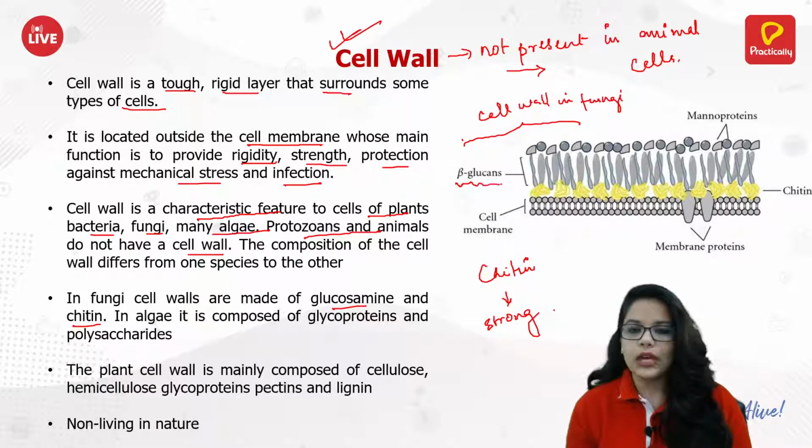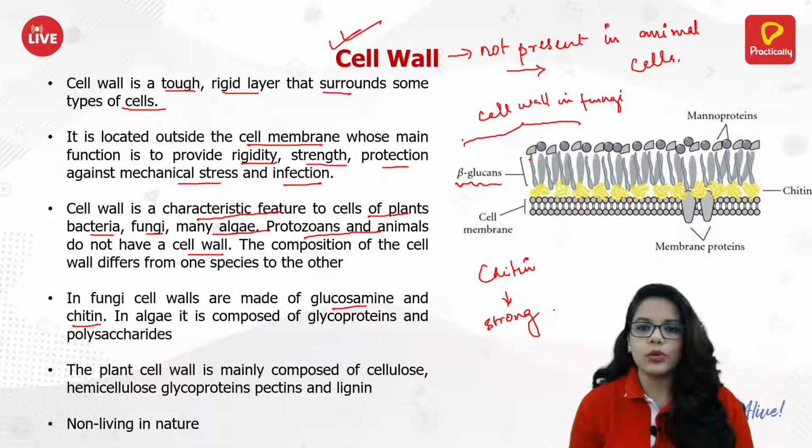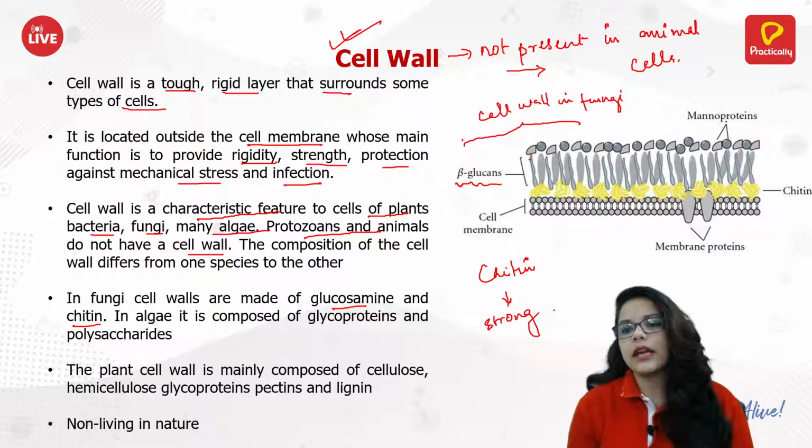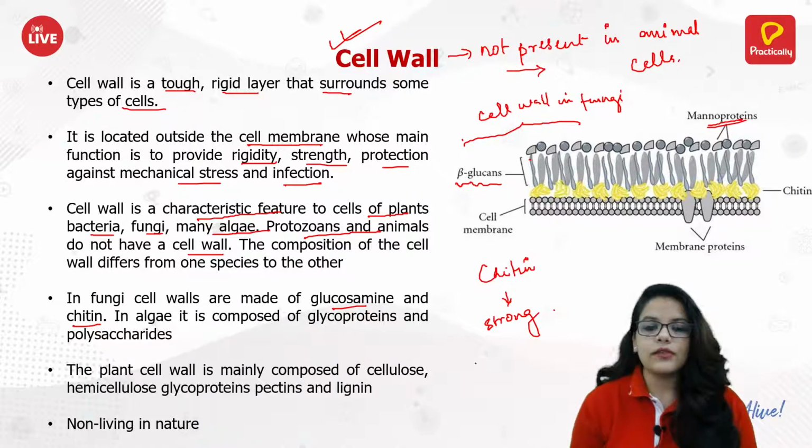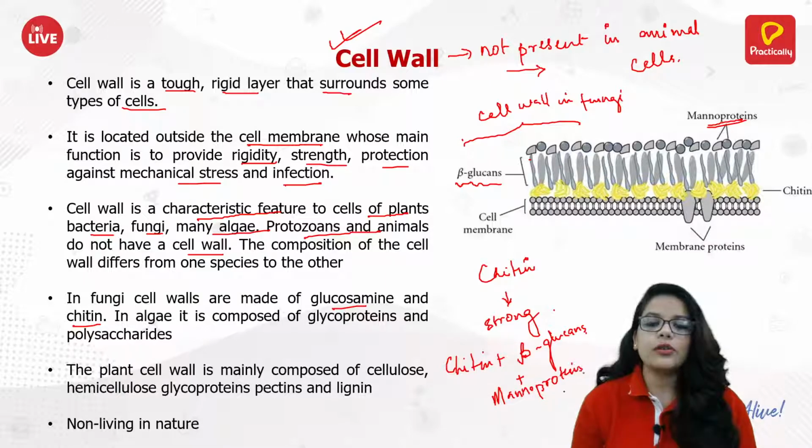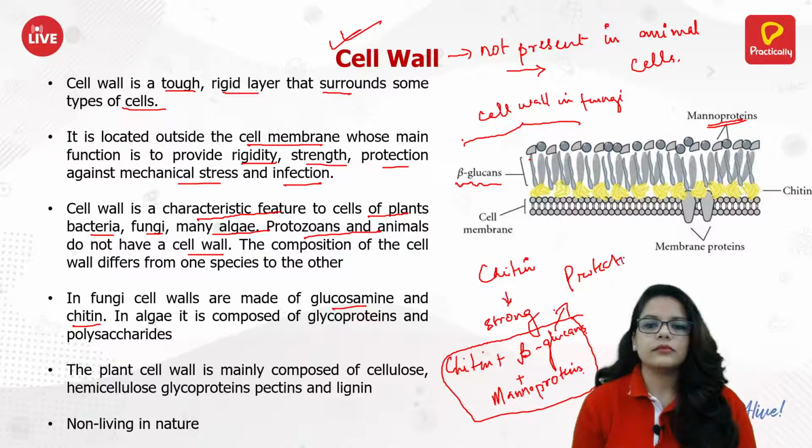They have beta glucans, these gray structures, and on top of that, they have protein structures called mannoproteins. So whatever the fungi has, chitin, beta glucans, plus some mannoproteins, all three together are quite strong and rigid, and they provide proper protection. So this is in fungi.